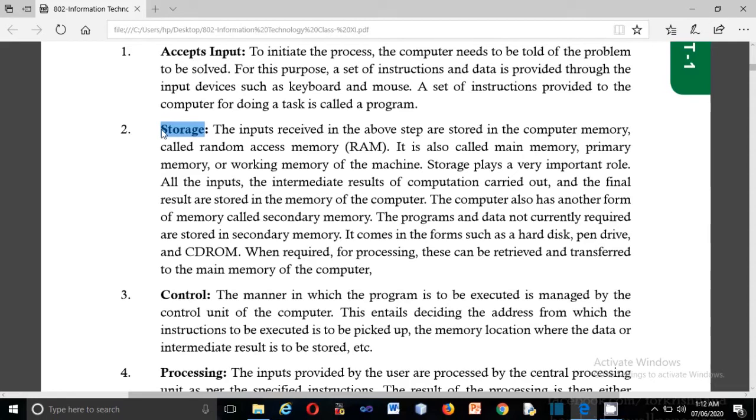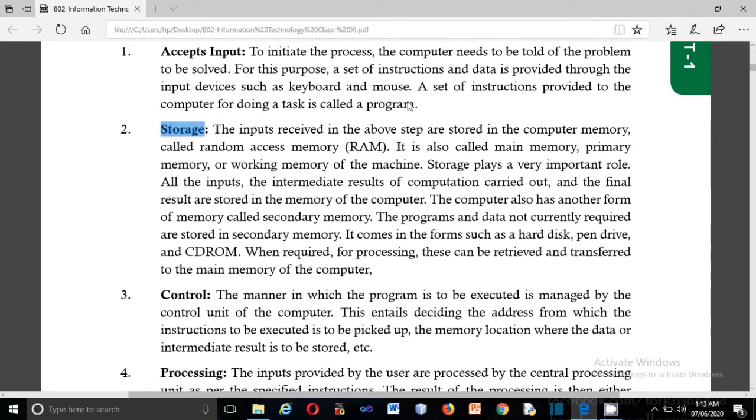It might be the primary storage, because the primary storage is the RAM. First of all, the task which I have given to the computer comes into the RAM.